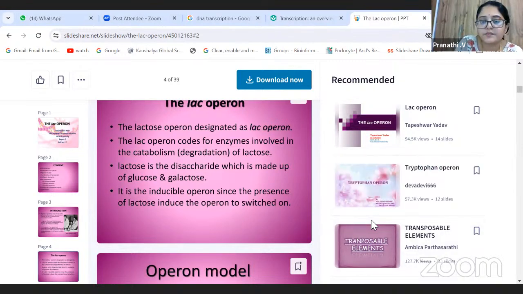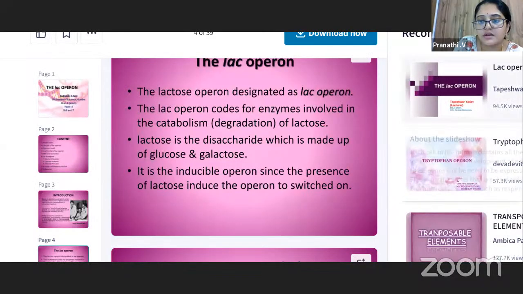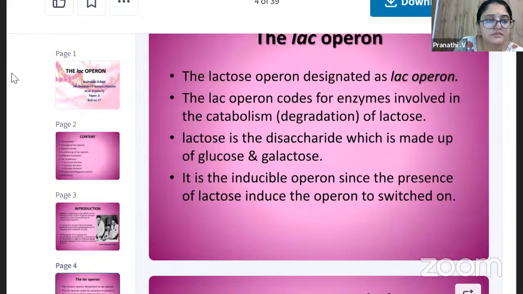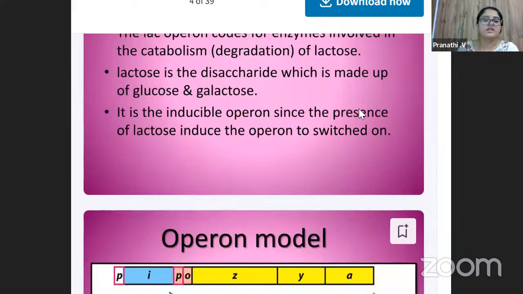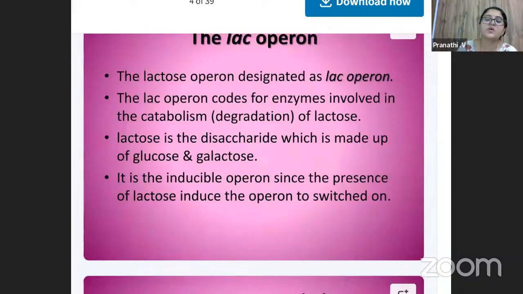In this, it is going to code for enzymes involved in the degradation of a molecule, which is lactose.